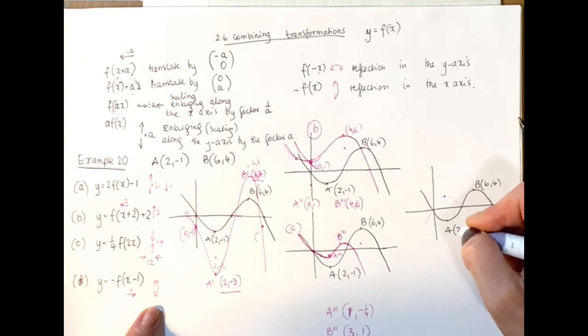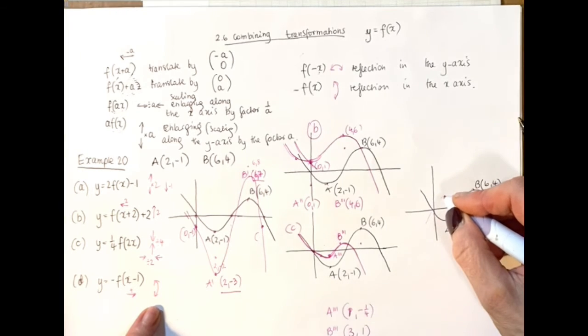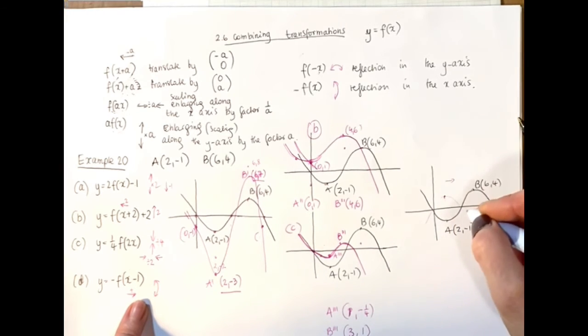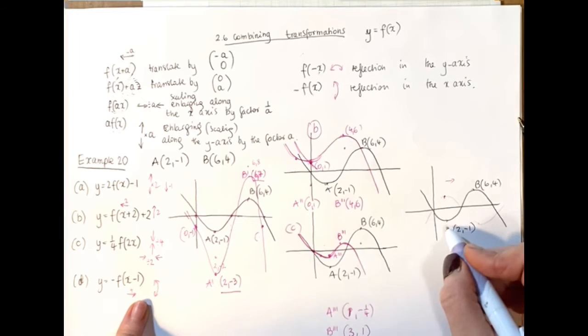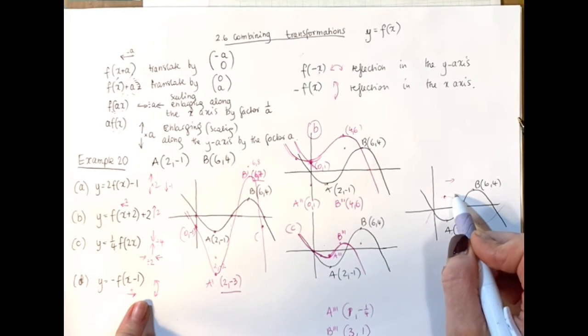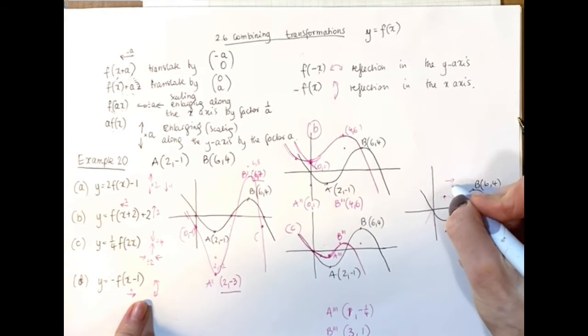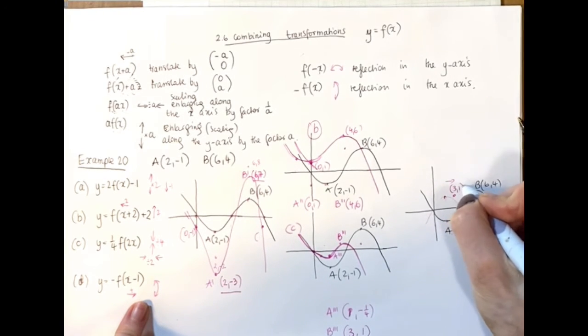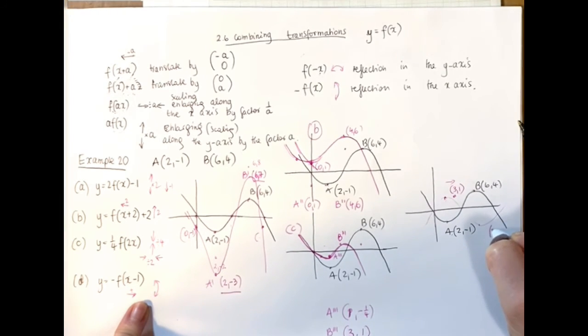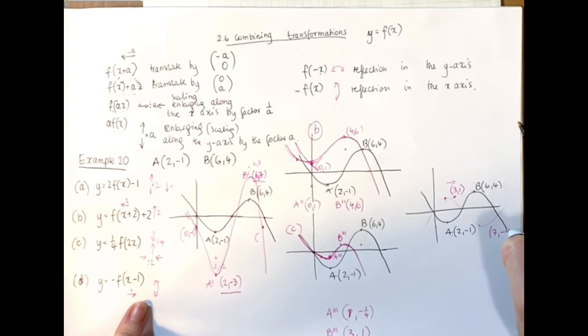So it will go to minus 6, minus 4 to 1, but then we need to move it 1 across. So first of all, A goes to 2, 1, and then we'll move it 1 across. So it will go to 3, 1, and B goes to 6, minus 4, moving it across, goes to 7, minus 4.